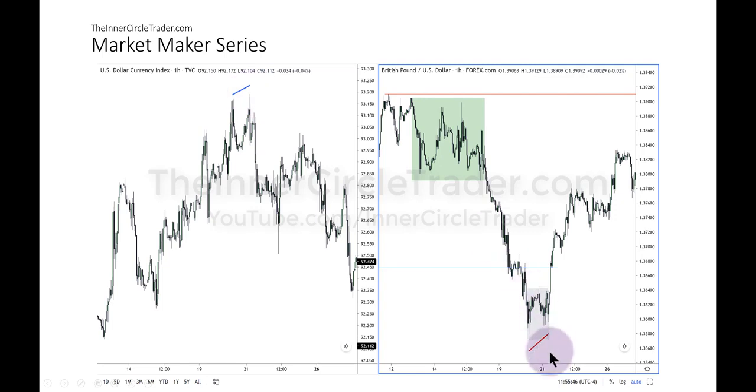This should have gone to a lower low than this one. It didn't. But because it didn't do that, and we're below those relative equal lows on the daily chart on cable, this was accumulation of longs. The algorithm is signaling to interbank traders that this is going to go higher. Not because of buying and selling pressure deficiencies, but because it's being controlled and manipulated.